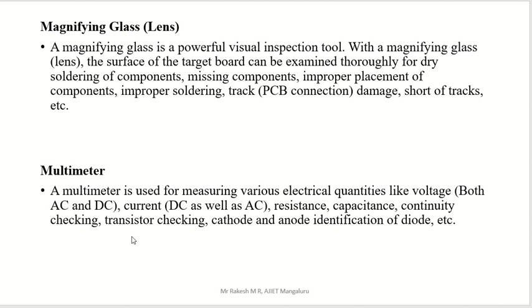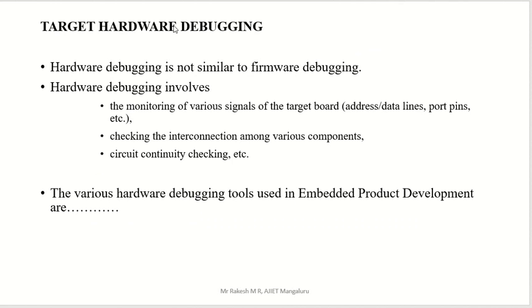Continuity checking you can also do. For cathode and anode identification, if any person initially doesn't know the cathode and anode side of the diode, he can check that by using a multimeter. So the multimeter is also one of the hardware debugging tools.